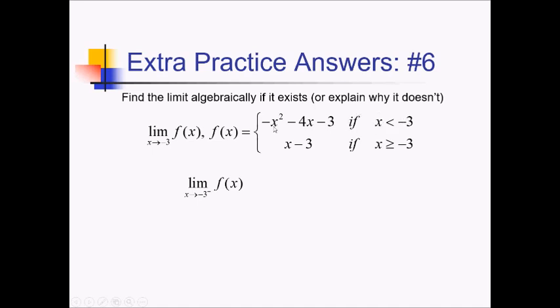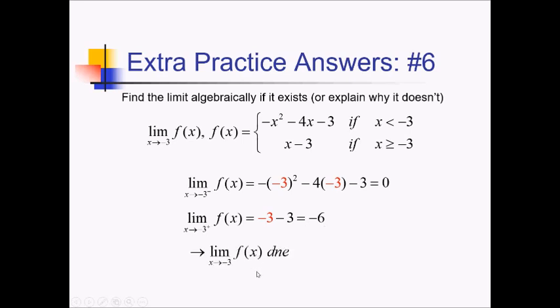So we have -3 squared minus 4 times -3 minus 3. This is -9 plus 12, which is 3, minus 3 gives us 0. Now for the right-sided limit at -3, we're using the second rule. That's -3 minus 3, which comes out to -6. Since the left and right limits don't match, the overall two-sided limit at -3 does not exist.